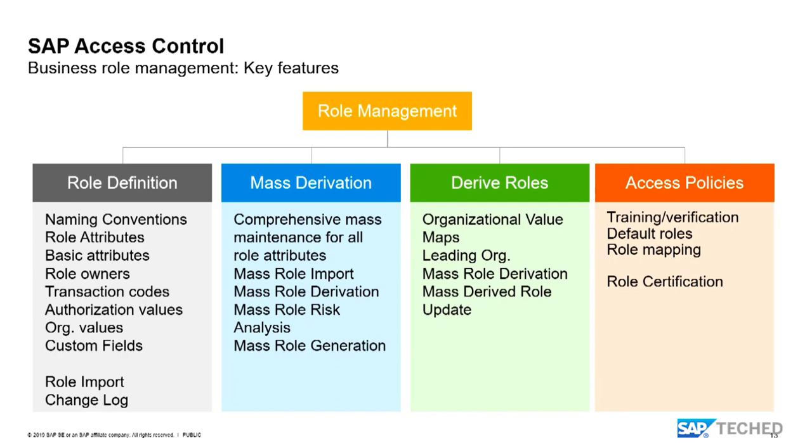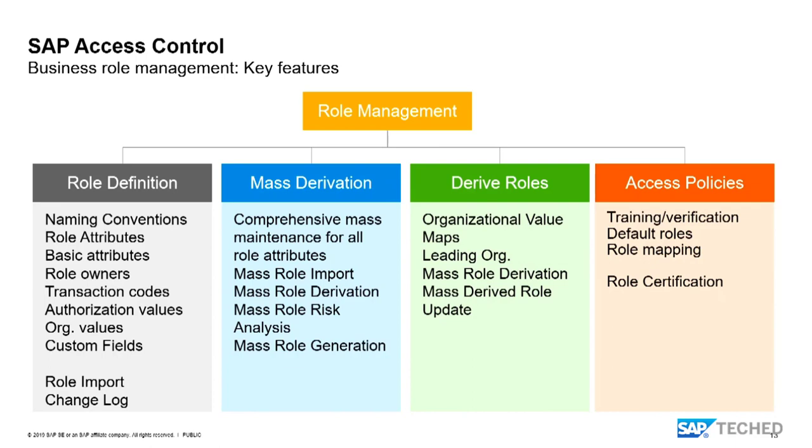I already mentioned derivation of roles, the organizational value maps that you can use, the leading org and so on. If you know about access control, then all of that shouldn't be new to you. It helps you come to the full set of roles you need to fulfill all of your end users' needs without having to create every role manually. So you have a kind of framework role that you can then map to the different companies, countries, and so on.